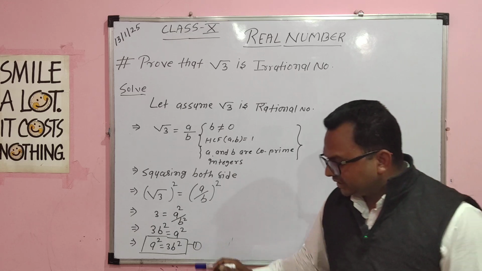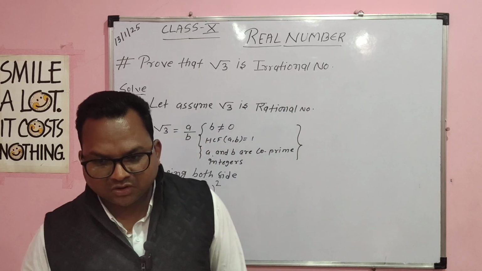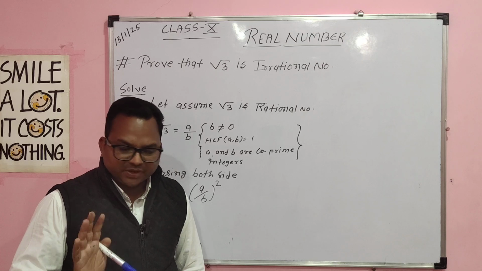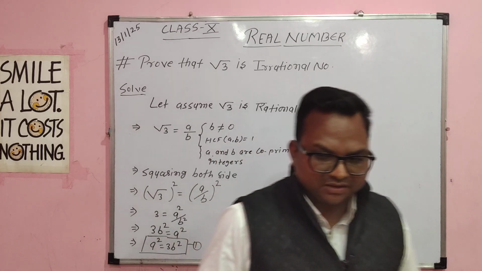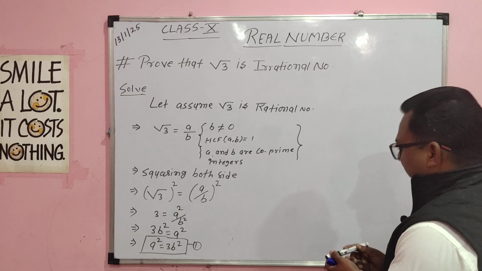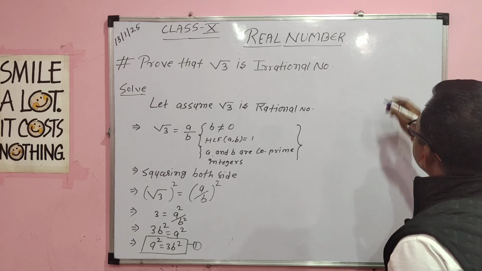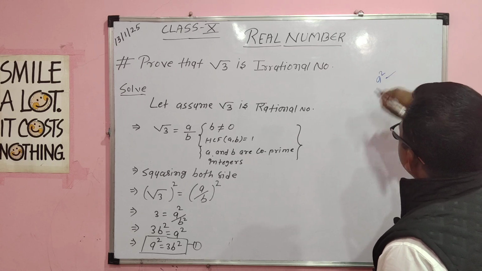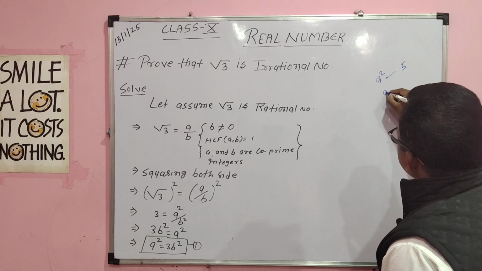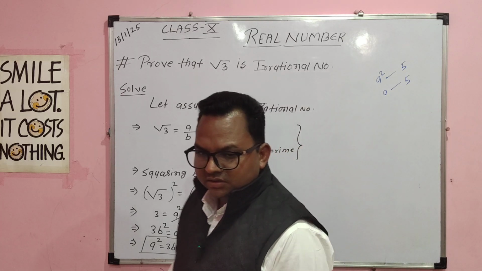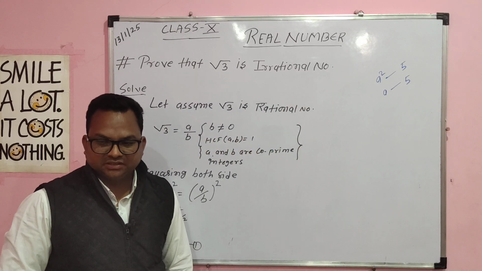Equation number first. And in your book, NCERT or Modern ABC, theorem number first says: if a square is divisible by 5 or any number, then a is also divisible by it.